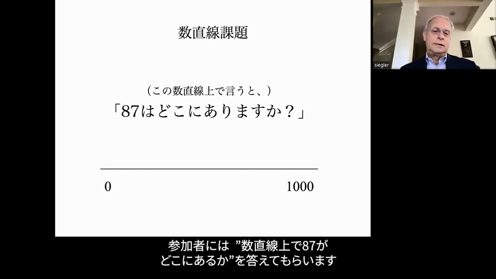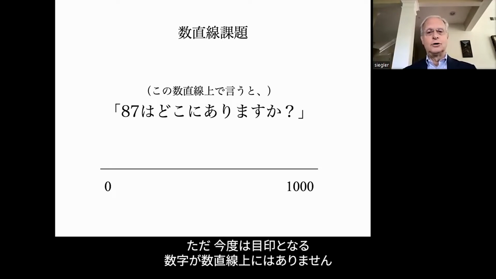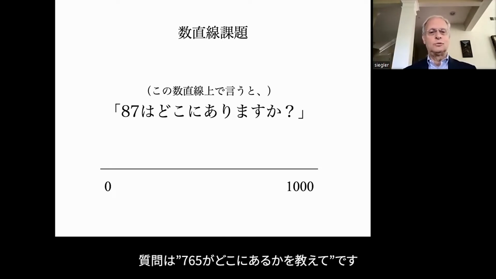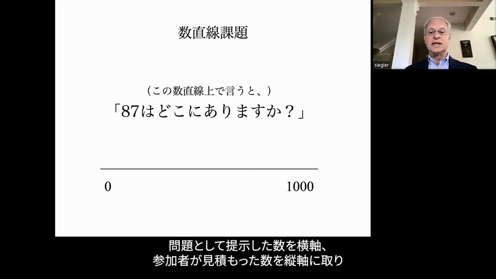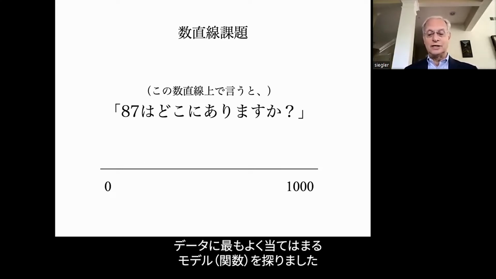And the child or adult is asked, where does 87 go? And then they're given a new number line that has 0 to 1,000, but no mark on it. And it might ask, where does 768 go? And we sample throughout the numerical range to get a sense of the function relating people's subjective estimates of numbers and the number's actual magnitude.